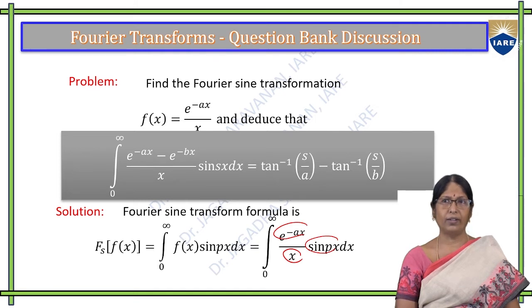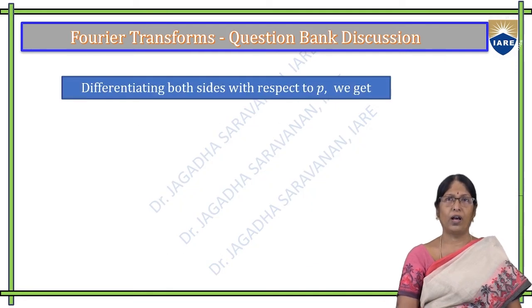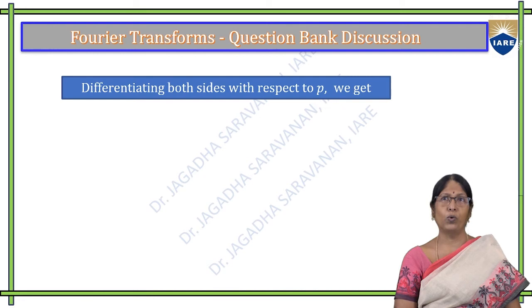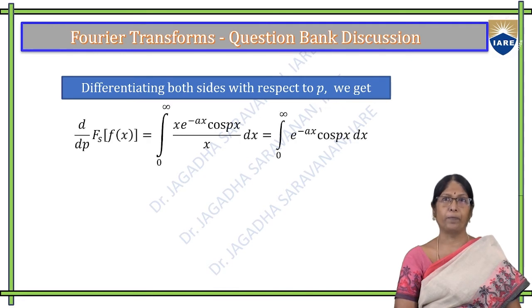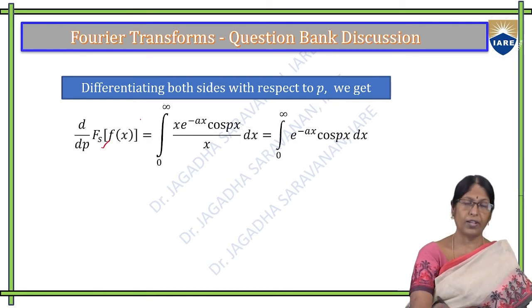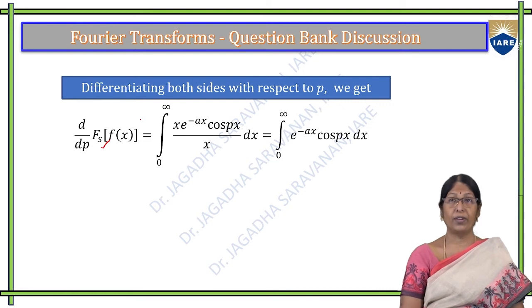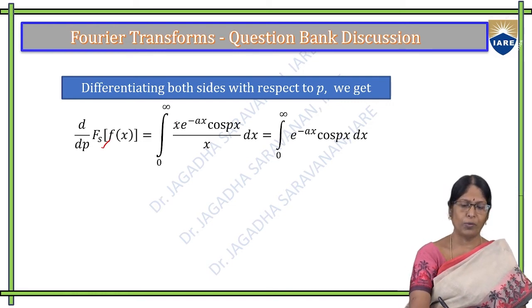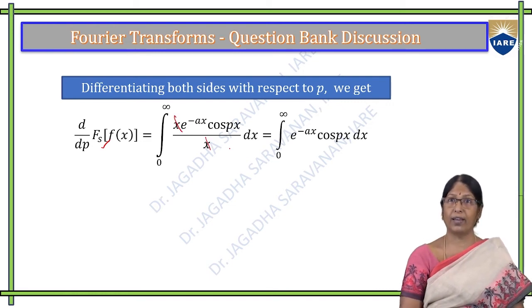We are understanding the level increasing. The next level we are moving to is apply. Bloom's third level, the applying stage. We are taking this problem to that. So now, differentiating both sides with respect to p. When we are differentiating, automatically the x is getting cancelled.